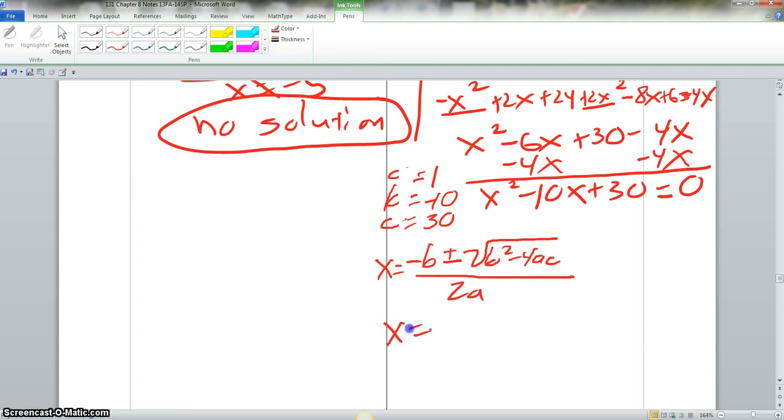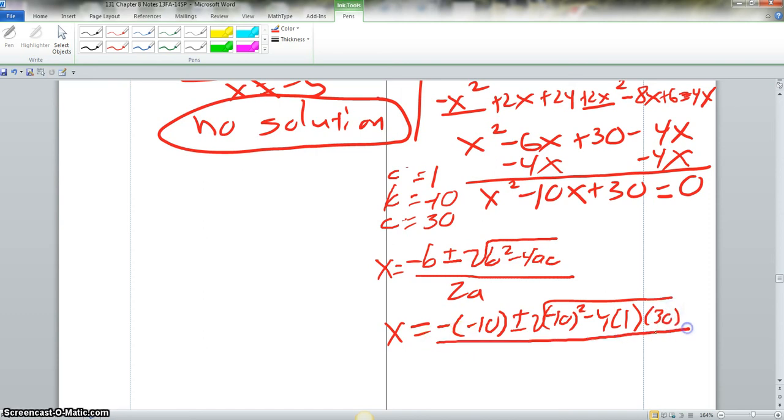Now we substitute in those values. Our b is negative 10, so it's the opposite of negative 10, plus or minus the square root of negative 10 squared minus 4, a is 1, and c is 30. And that's all over 2 times 1.